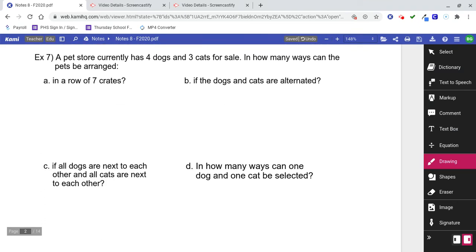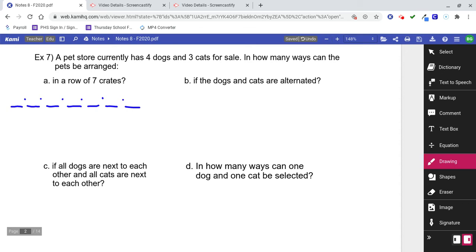7, a pet store currently has 4 dogs and 3 cats for sale. In how many ways can the pets be arranged? Part A, in a row of 7 crates. So the problem's kind of tricky, I guess, but there are 7 crates. So I like to draw this out as 7 blanks. Looks like a fundamental counting principle problem to me. Okay? And so there aren't any restrictions placed on this problem right here.